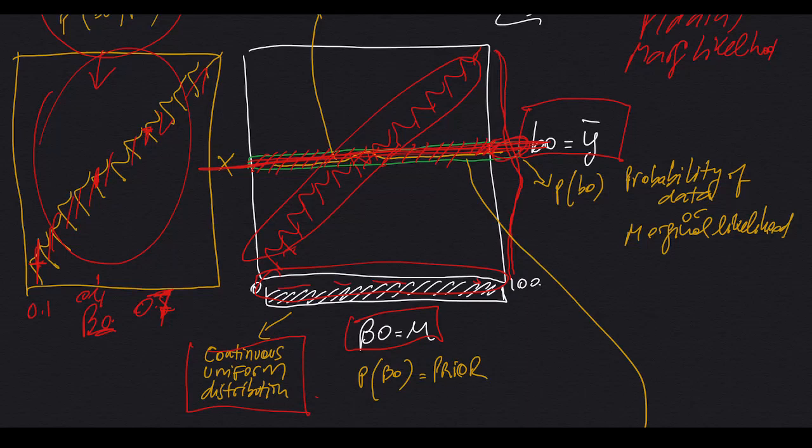By adding all these values, we obtain the probability of the data. Now, we don't add because these are continuous distributions, and it is not only one continuous distribution, it is the combination of two continuous distributions. So we integrate, we don't add.